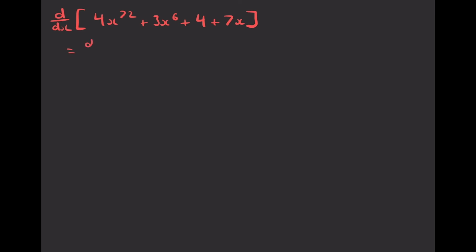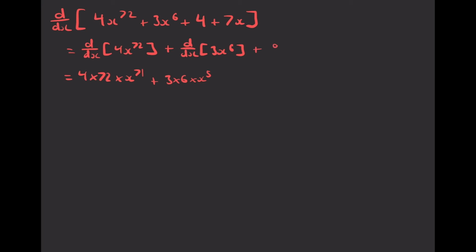So the derivative of 4x to the power of 72 will be equal to 4 times 72 times x to the power of 71, plus the derivative of 3x to the power of 6, which is equal to 3 times 6 times x to the power of 5, plus the derivative of 4, which is simply equal to 0, plus the derivative of 7x, which is simply equal to 7.